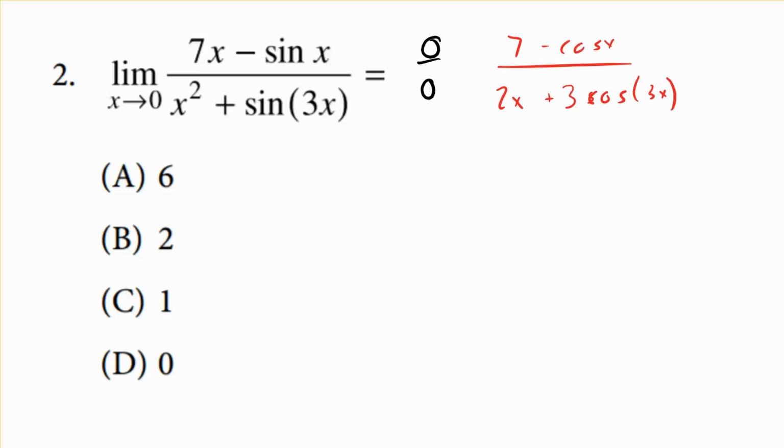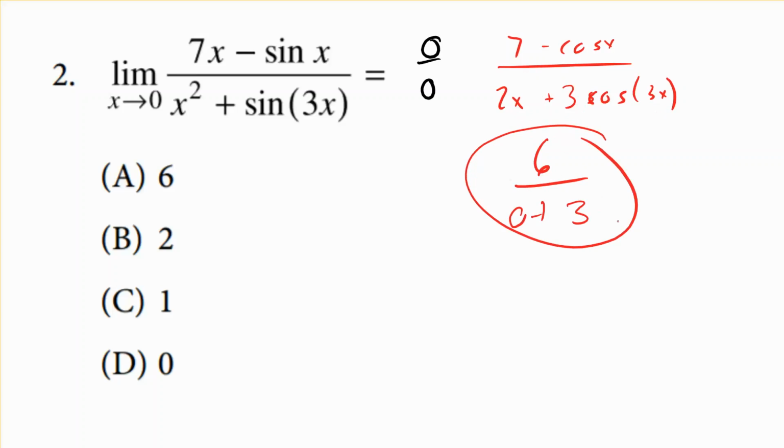So now let's try putting that 0 in. 7 minus the cosine of 0 would be 6. That's going to be 0 plus 3 times the cosine of 3 times 0, which is 0. The cosine of 0 is 1. So now we do get a value, 6 over 3, which is 2.